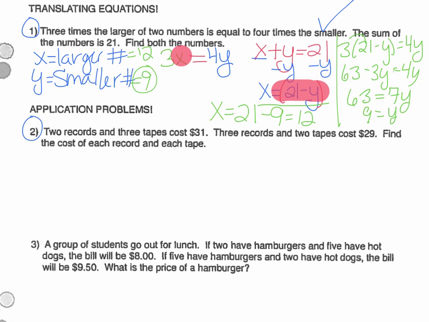Okay, so let's look at this second problem here. We have 2 records and 3 tapes that cost $31. Then we have 3 records and 2 tapes that cost $29. We want to find the cost of each record and each tape, okay?